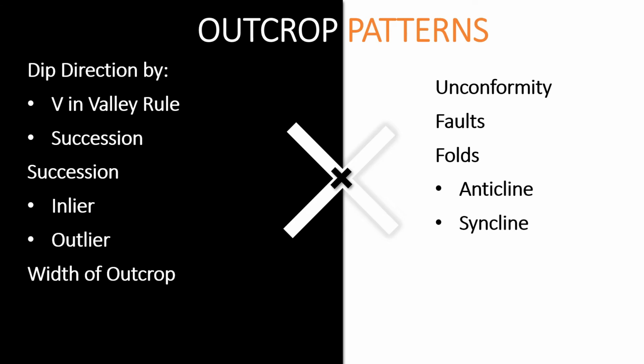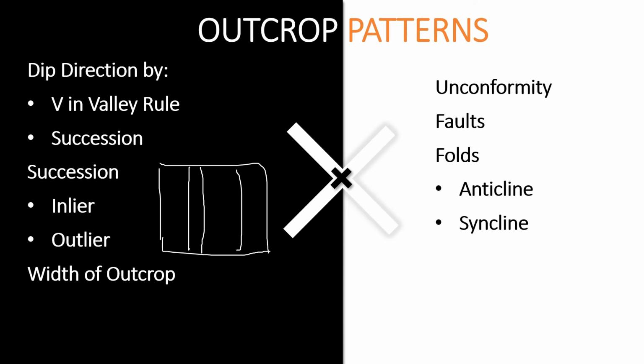So the width of the outcrop can also identify if the dip is steep or not. So for example, we have a map and it shows an outcrop like that. So when we project that to our cross section, say this is our cross section, we project all of that.